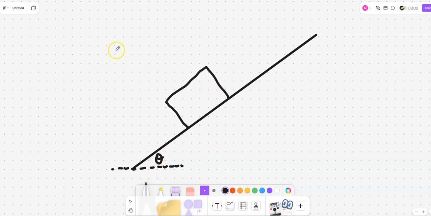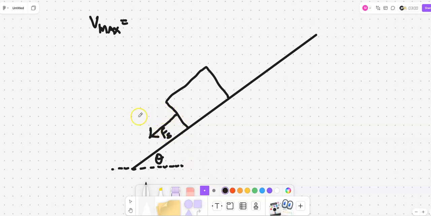Now, we'll take a look at velocity max first. As this car is driving around the bend, there's a force of friction that will keep it from flying off the track, and that will be going this direction here, and we'll call this the force static.